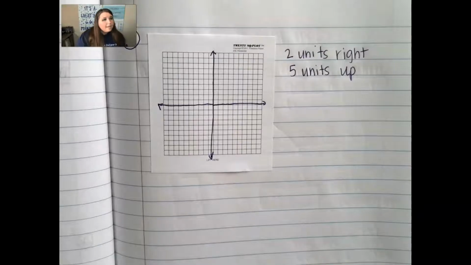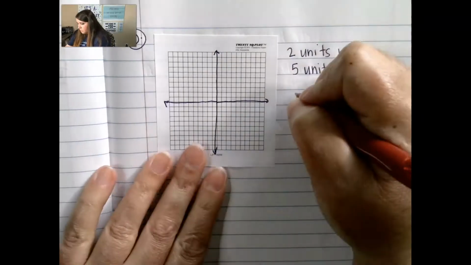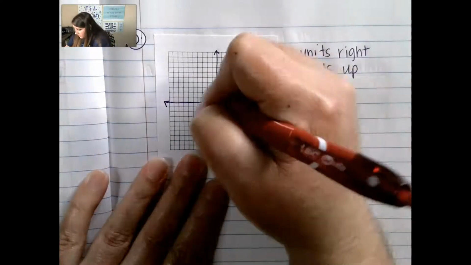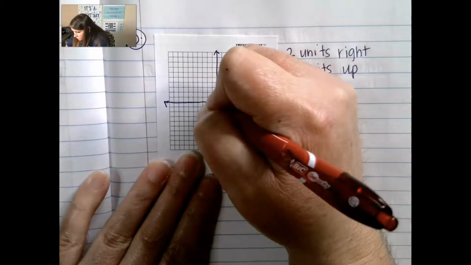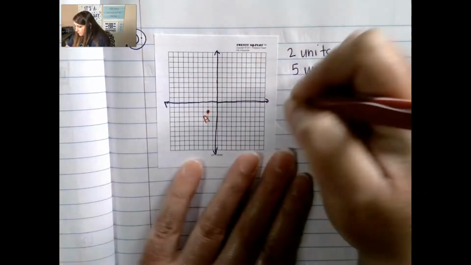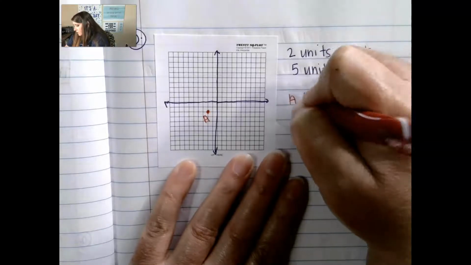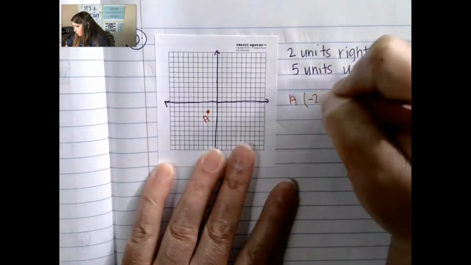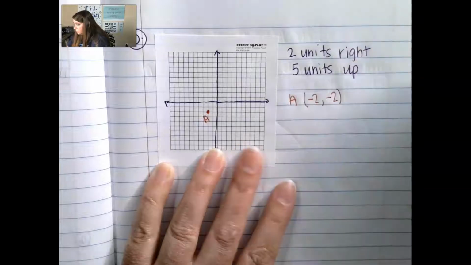Oh, -2, -2. So point A is located at -2, -2.